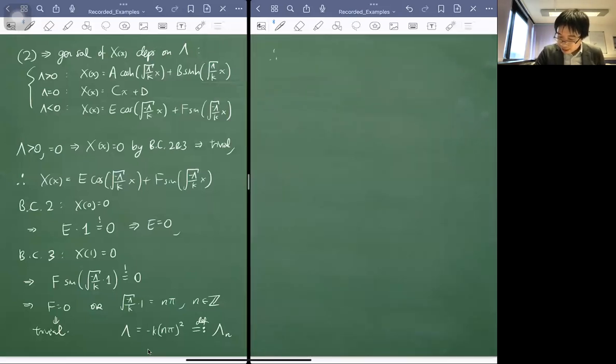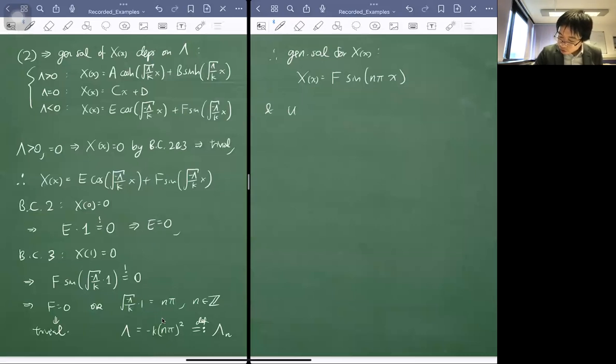The general solution for X is F times sine of n pi x, since F is not 0. So that's the general solution for X.